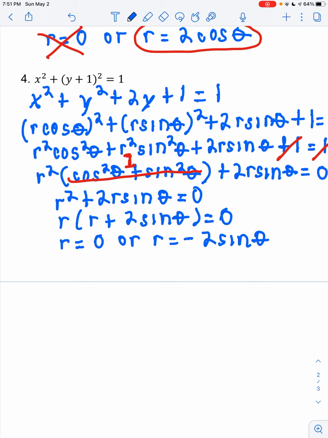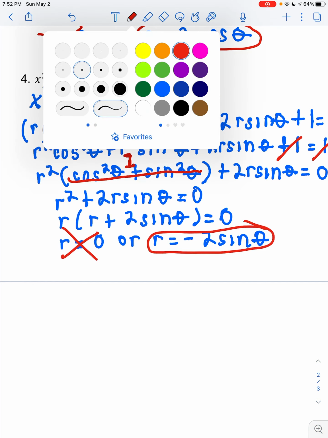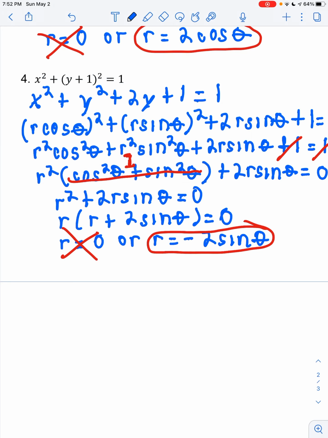It would be 0 at 0 or pi, and therefore would include the value of r equals 0, since negative 2 times 0 is 0. So we can cross that out, and we can say the polar form of this equation is r equals negative 2 sine theta.